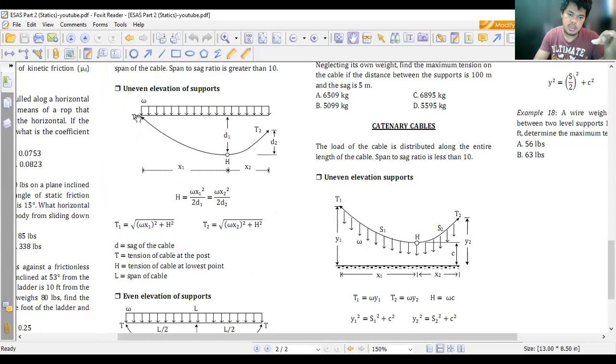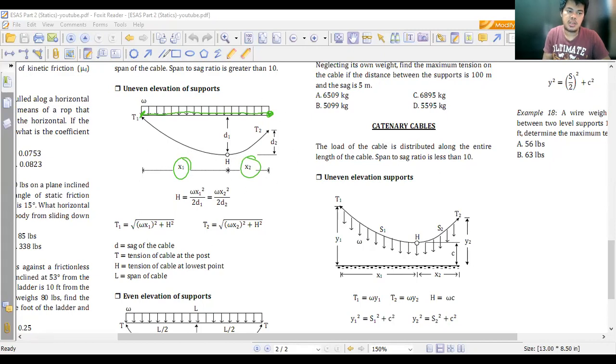This is actually the length from this point to this point, the horizontal length. For uneven elevation, it's categorized as x1 and x2, since the distance from one point to the lowest point is not the same as the distance from the other point to the lowest point. So L is equal to x1 plus x2.